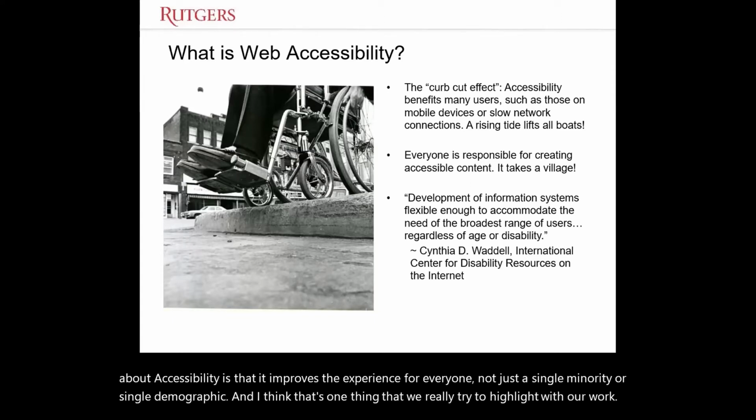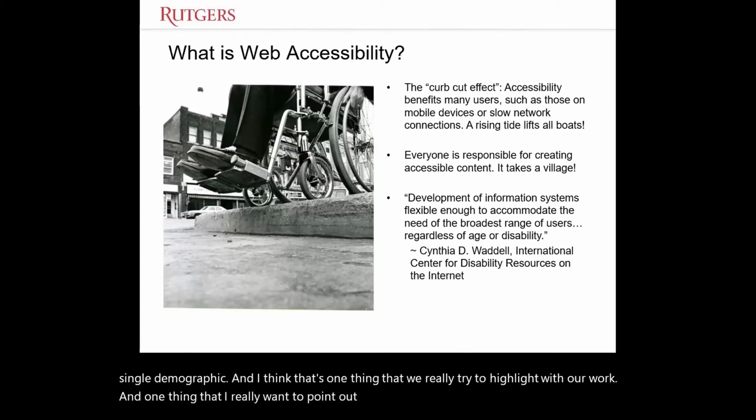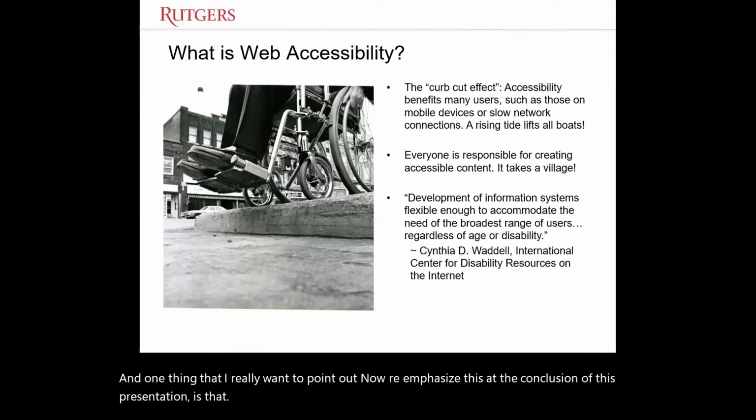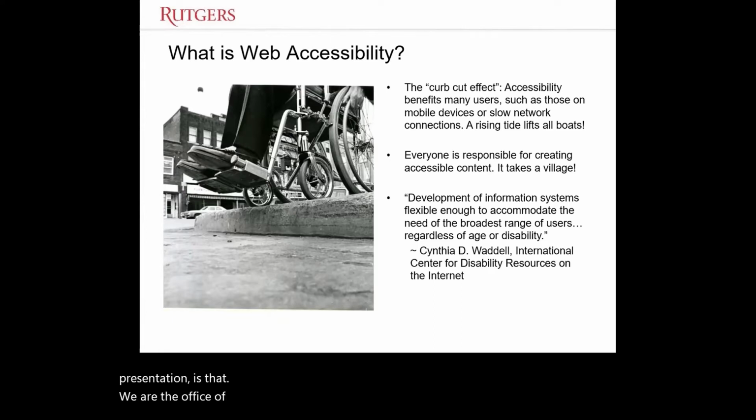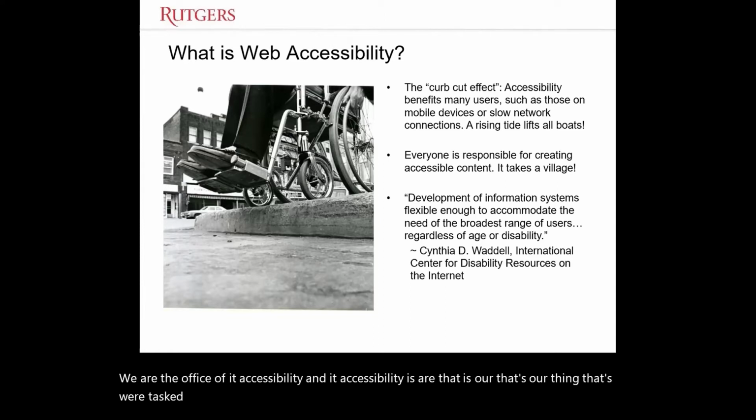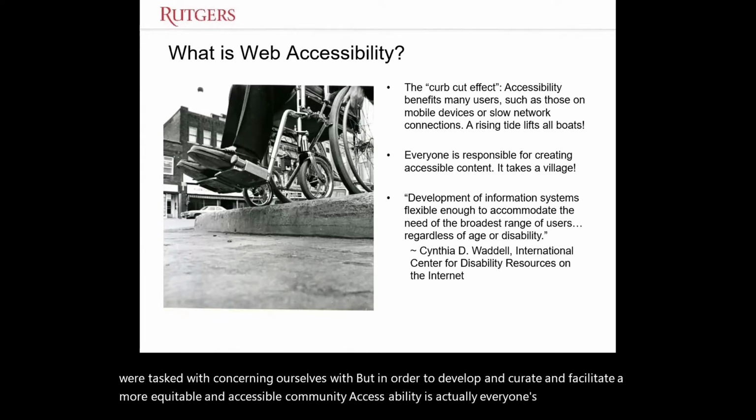One thing that I really want to point out, and I'll reemphasize this at the conclusion of this presentation, is that we are the Office of IT Accessibility, and IT accessibility is our thing. That's what we're tasked with concerning ourselves with. But in order to develop and facilitate a more equitable and accessible community, accessibility is actually everyone's responsibility.